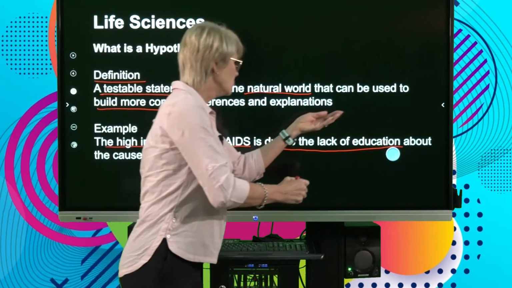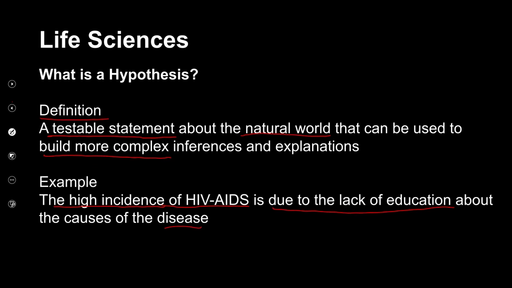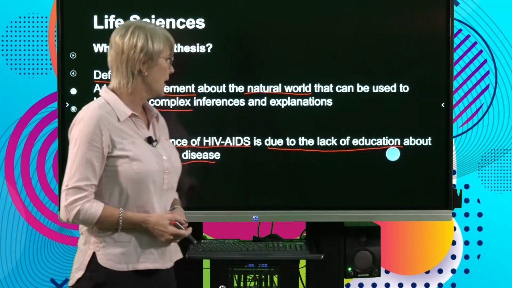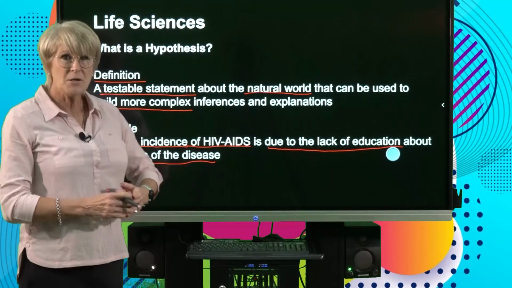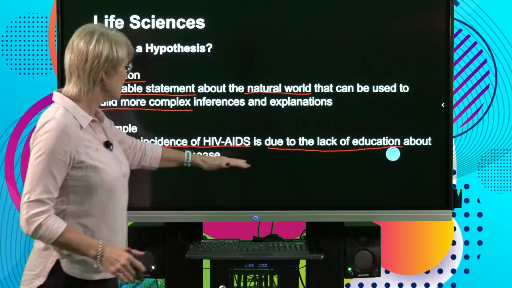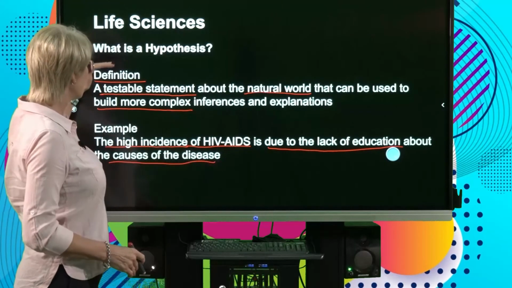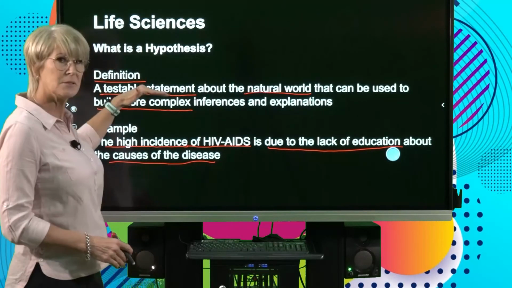We're saying that due to a lack of education, a lot of people don't know about the causes of the disease, and therefore there is so much HIV and AIDS in the world today. That is a statement that we can't say is a fact. We actually need to test it. That's why we always say that a hypothesis is a testable statement.